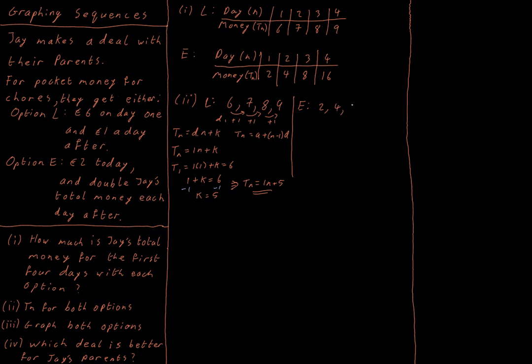2, 4, 8, 16. So when I'm doing this, I'm adding 2, I'm adding 4, and I'm adding 8. If I do that again, I'm adding 2 and I'm adding 4, and I run into a problem. I'm not adding on the same thing each time, even with the second difference.